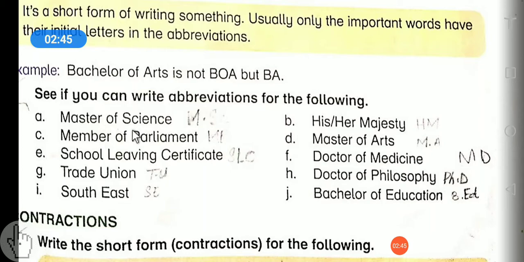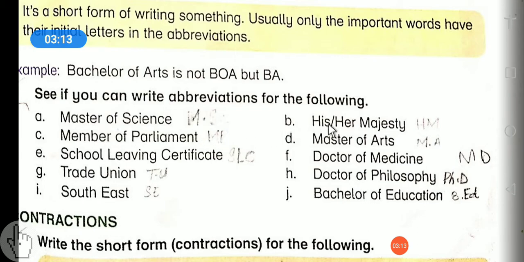Master of Science is M.Sc, capital M, dot, capital S, small c.